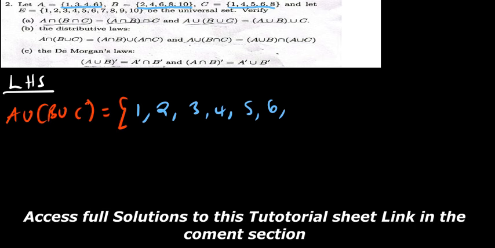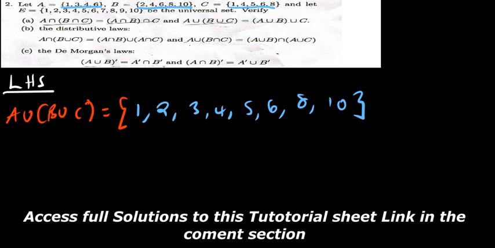We don't have 7, there is no 7 in all the sets, but we have 8. Do we have 9? No, but we have 10. So that is basically A. So we just have to write 1 2 3 4 5 6 8 10.